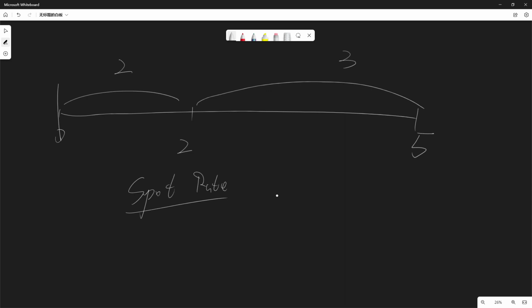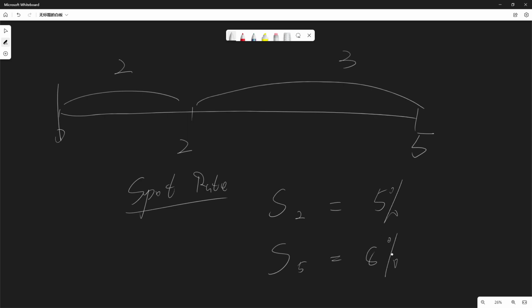So for example, I'll give you the spot rates right now. If you check 2 years, it's, I don't know, maybe 5% right now, and the spot rate for 5 years will be, on an upward sloping spot rate curve, maybe 8%.